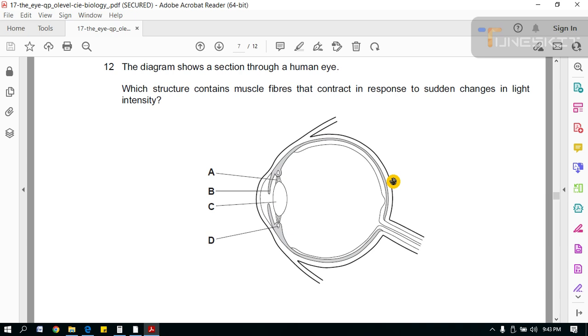Option D, because option D is the ciliary muscles. These ciliary muscles contract or relax when there are sudden changes in the light intensity, right?